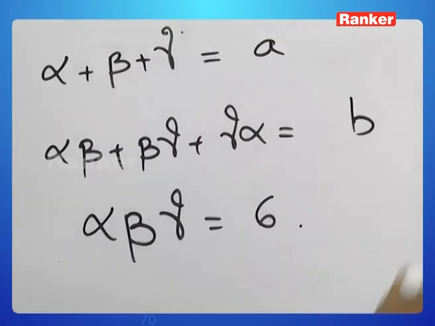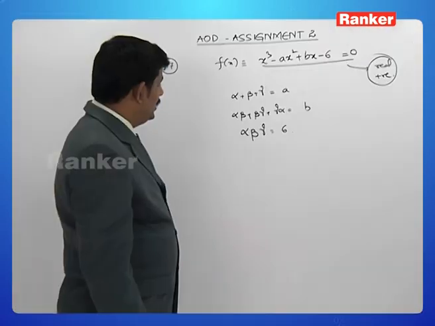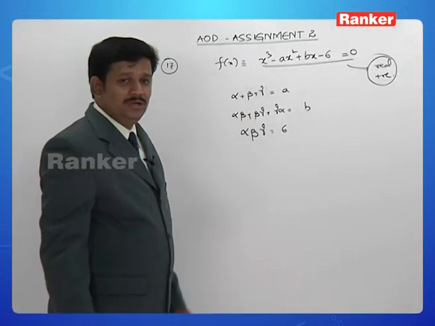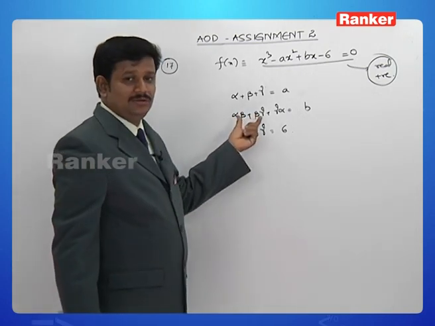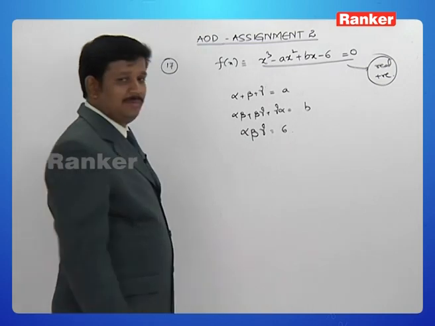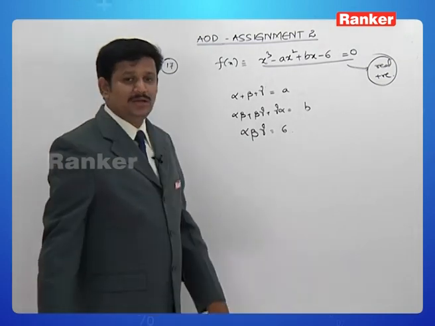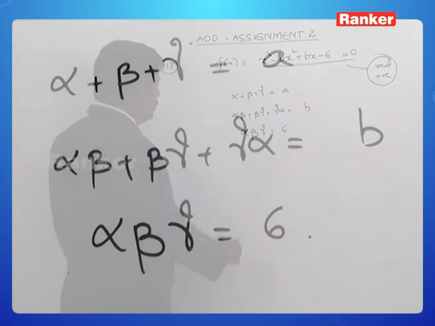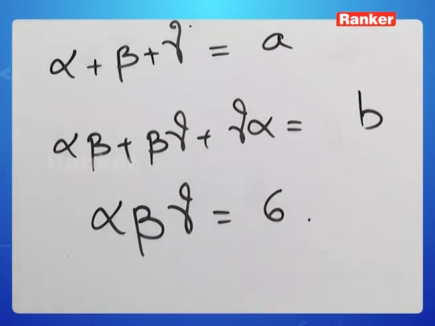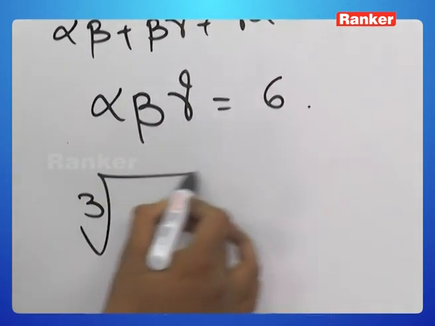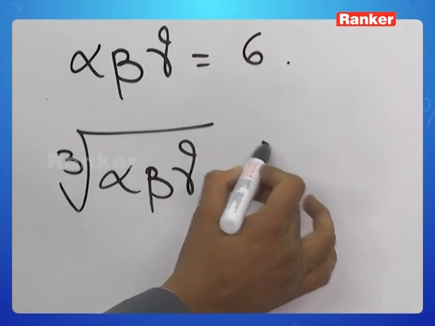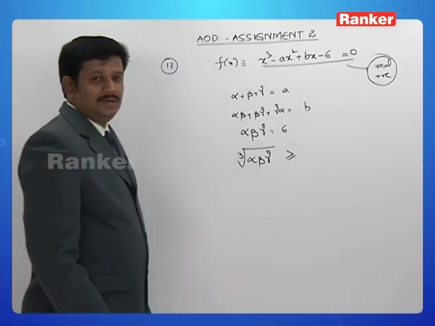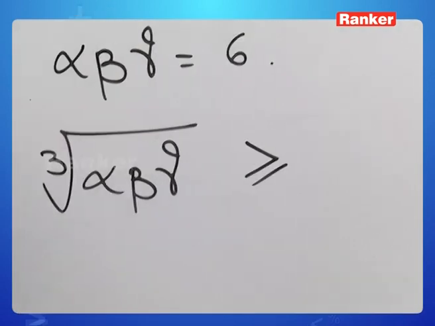Now, because all the roots are positive, let us apply AM greater than or equal to GM greater than or equal to HM. Geometric mean will always be greater than or equal to harmonic mean. Geometric mean of 3 numbers alpha, beta, gamma is cube root of alpha beta gamma, which will always be greater than or equal to the harmonic mean.